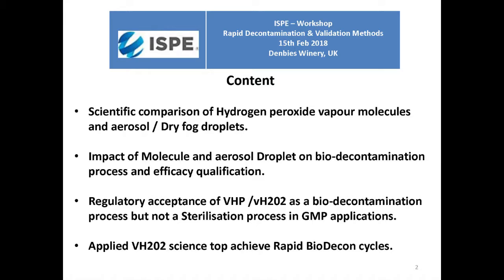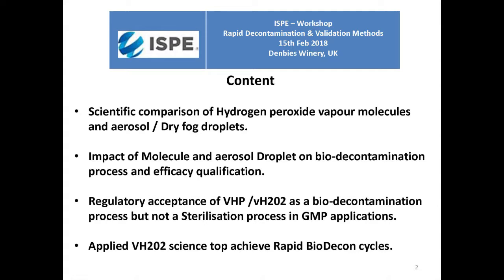So what I'm going to look at is a scientific comparison between the vapor molecule and an aerosol, starting off with where it begins. When you take this peroxide, whatever form it's in, and deliver it into an airstream or a volume, how does it act thereafter?